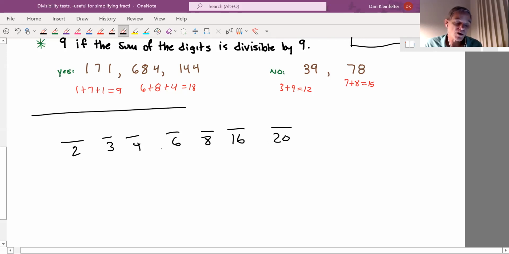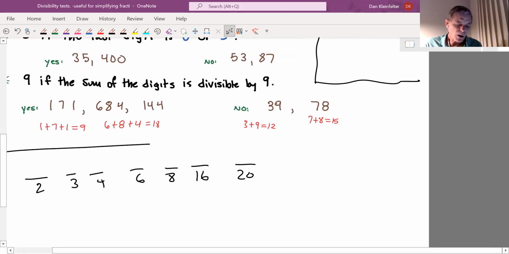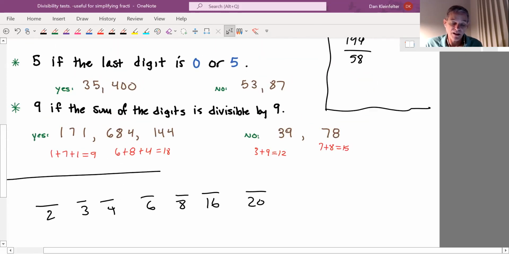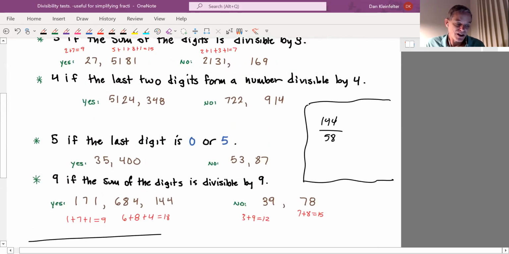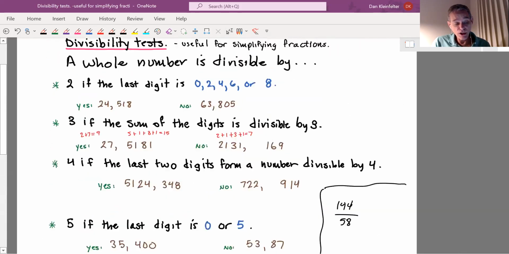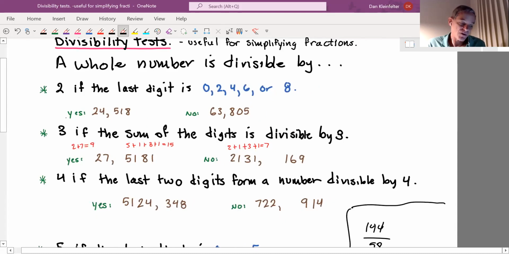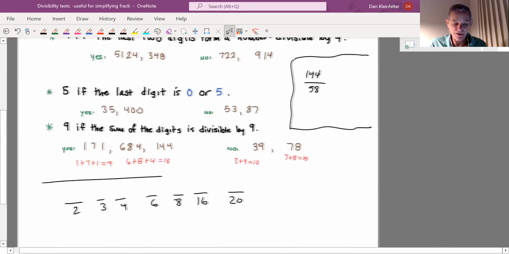But most fractions that you're likely to run into on a day-to-day basis don't have these kinds of crazy denominators. Okay, so knowing the divisibility for some of these lower numbers is more useful than things like 144/58. But just in case, having the divisibility tests can help you. Probably the most use you'll get realistically would be the tests for 2 and 3 and 5, which would be the most commonly used tests.